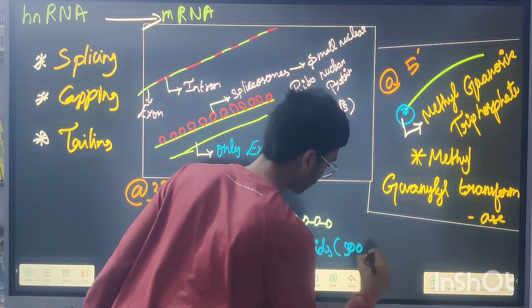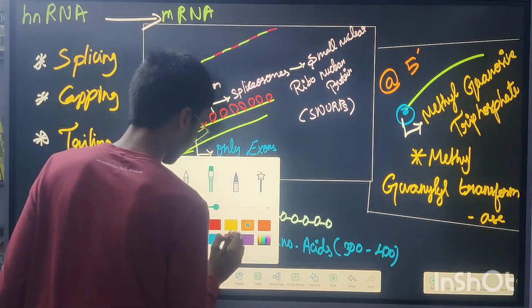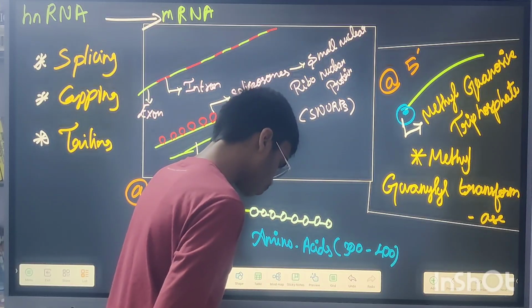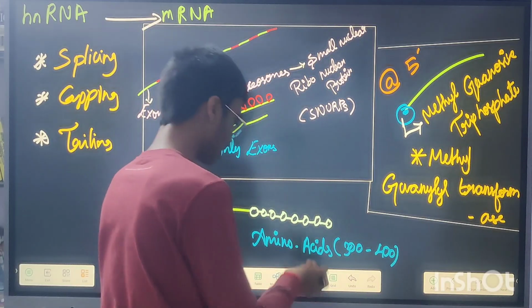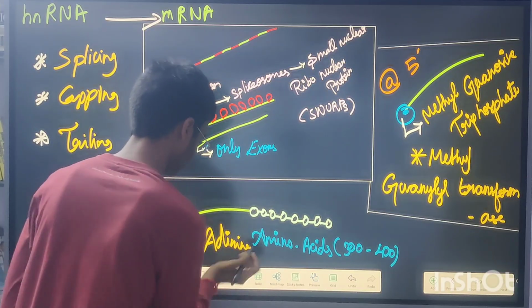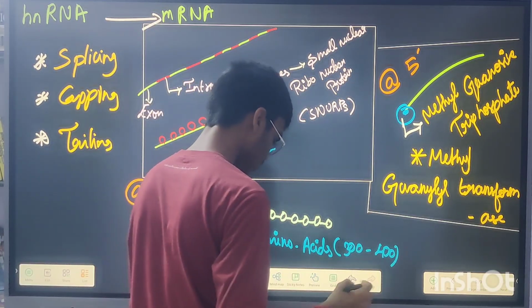Around 300 to 400 amino acids will be added by the enzyme called poly A phosphorylase. Poly A, actually it is just adenine, right? So it is added by poly A phosphorylase.